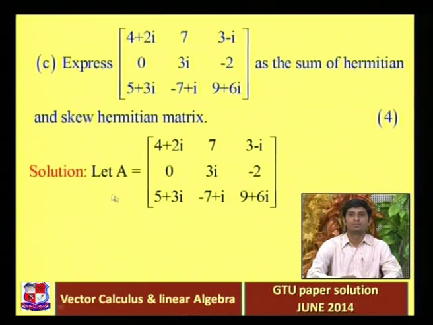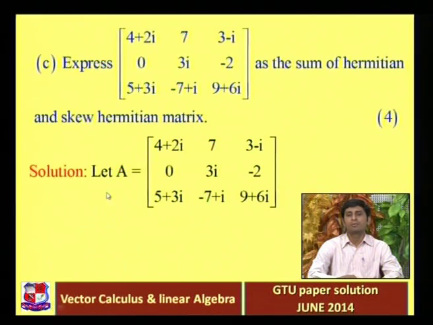Here is the solution, that A is equal to 4 plus 2i, 7, 3 minus i, 0, 3i, minus 2, 5 plus 3i, minus 7 plus i, 9 plus 6i. Now we have to convert.